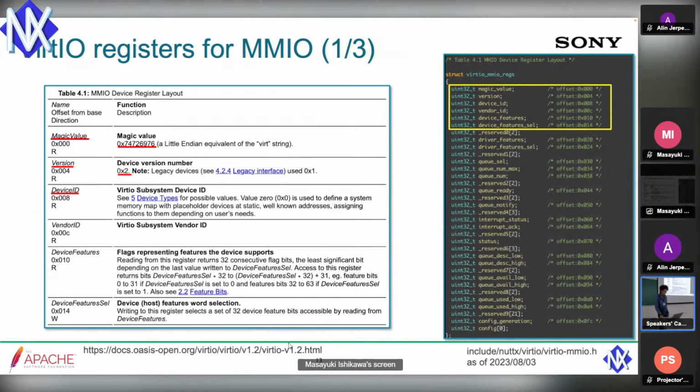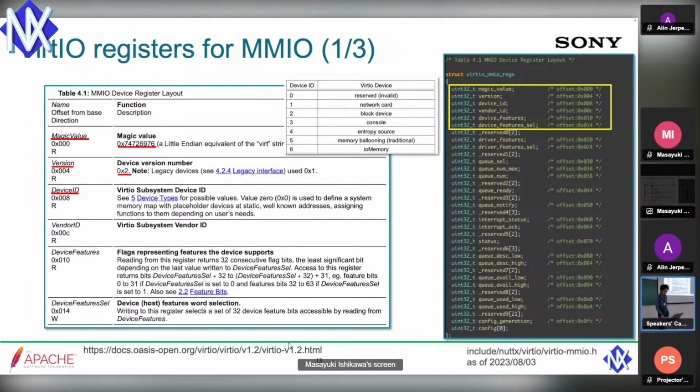And the third register is the device ID, which we use to identify the device types described in the spec. So for example, VirtIO for the network card is defined as 1 in this chart.